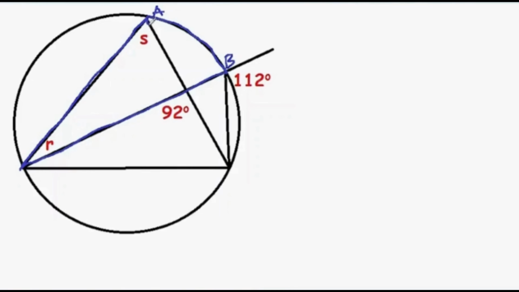Let's start from A again. Let's label this angle as A. So we can say A is equal to R, since angles subtended by the same arc in the same segment are equal.